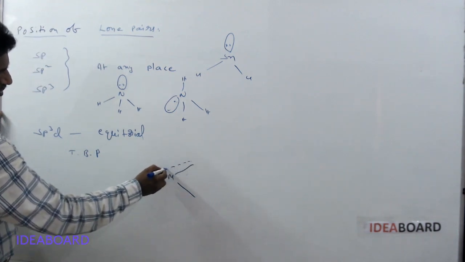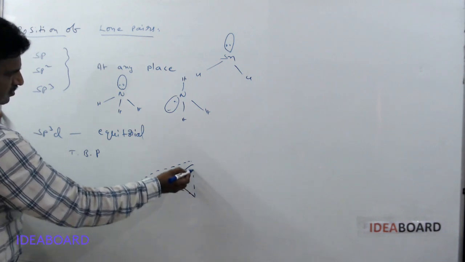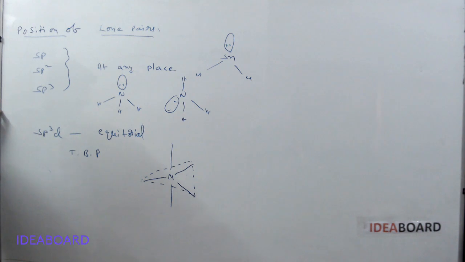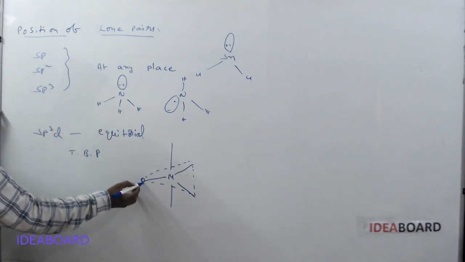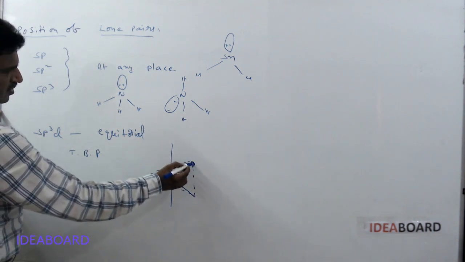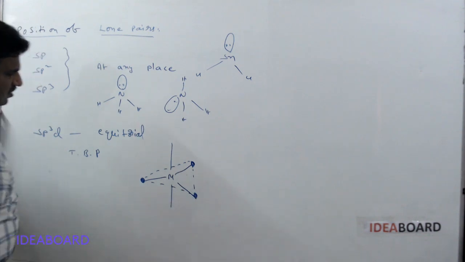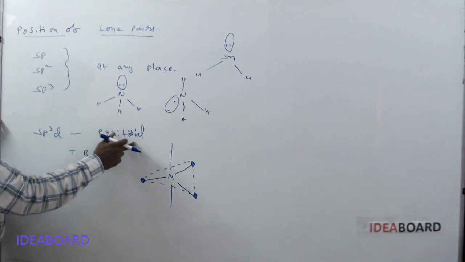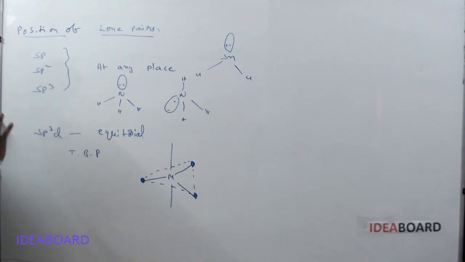Yes, these are the equatorial positions. This is the equatorial bonds, and these are the axial bonds. So in the equatorial positions only you must write the lone pairs if it contains. If a molecule contains a lone pair, always write at equatorial positions in the trigonal bipyramidal shape for sp3d hybridization.